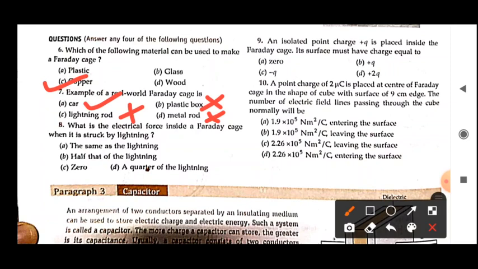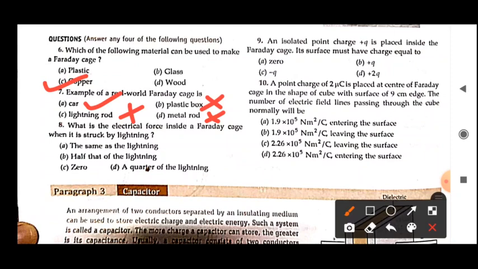Now the next question is, what is the electrical force inside a Faraday cage when it is struck by lightning? So if you calculate inside the Faraday cage, obviously you know the Faraday cage is an example where the electric field is zero.